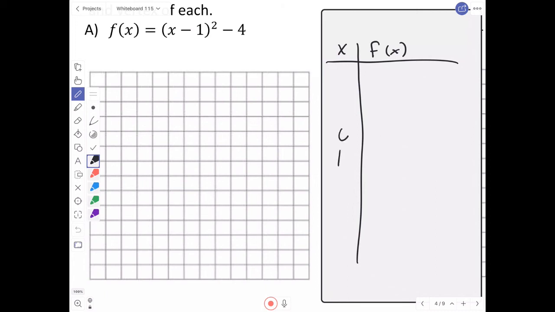And I want some numbers that are less than 1 and some numbers that are more than 1.